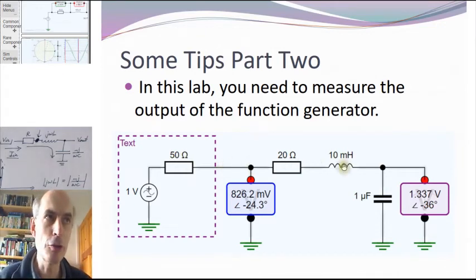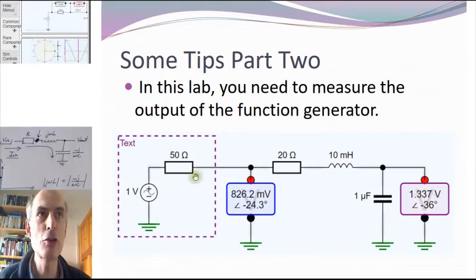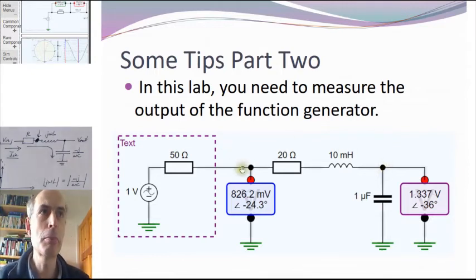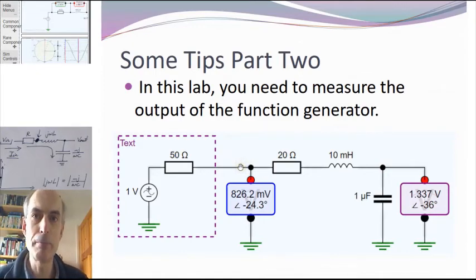And as the current changes through the network, the voltage drop across that internal resistance inside the function generator will change as well. So to plot the amplitude response of your filters, you'll have to constantly measure the input voltage as well as the output voltage of your network, because the input voltage will keep changing, particularly near the resonant frequency.